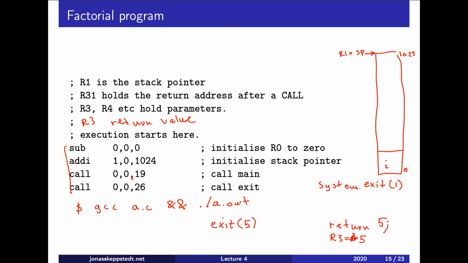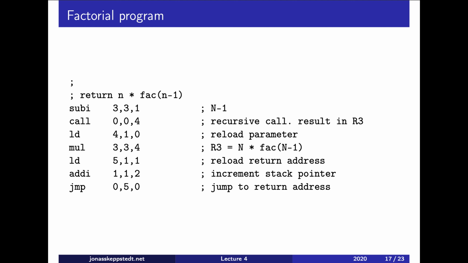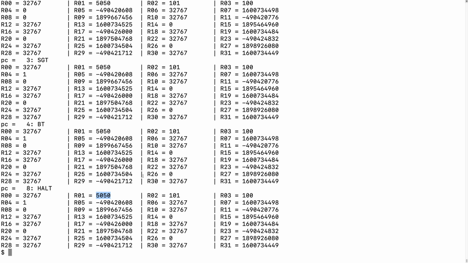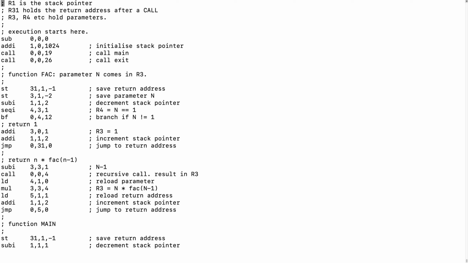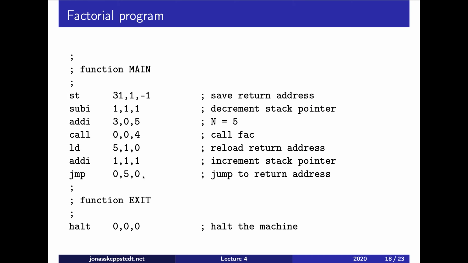What we will do now is to call main, which happens to be located at instruction 19. So let's go down to 19. It is here. Okay, well, we don't want to count them, but it is this instruction. Okay, so what does it do?